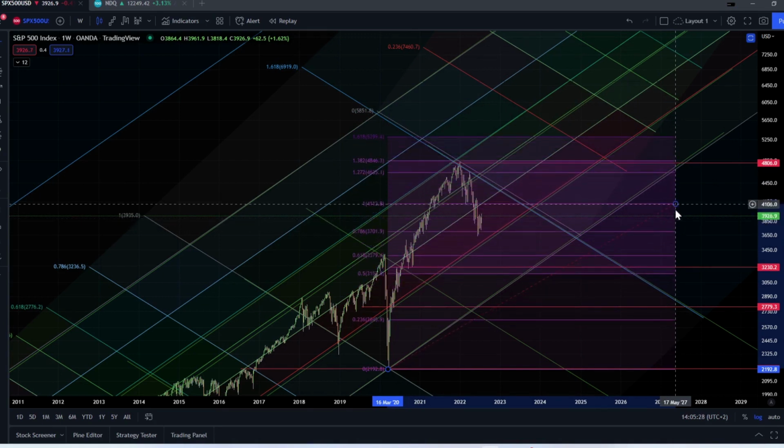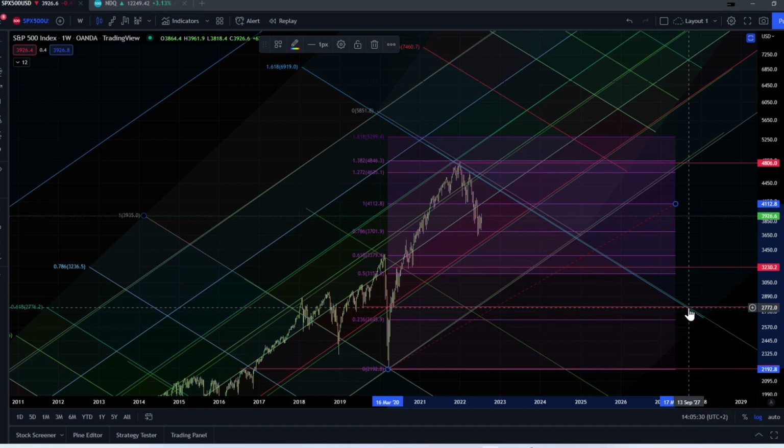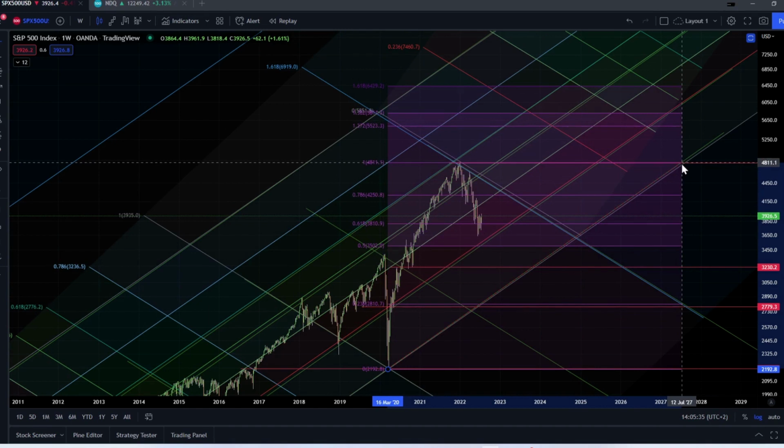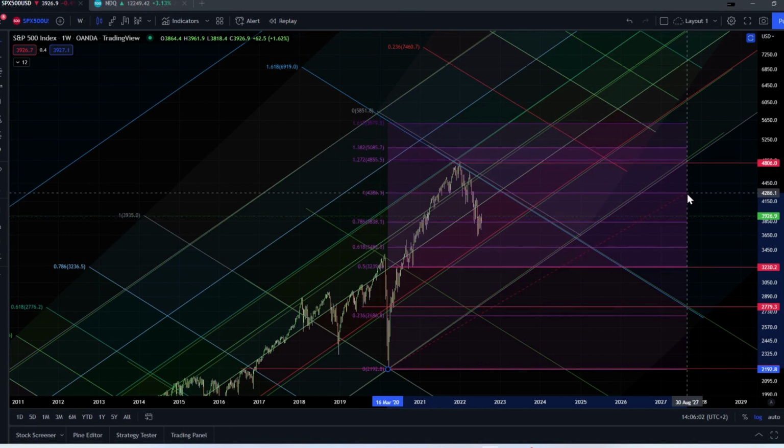We have some red lines, as you can see, one here, another here, 2700, then the bottom here, where we are anchoring the tool, the top here. If you anchor the tool at these extreme levels, okay, this low here in March 2020 and the high earlier this year, then we see that more or less the Fibonacci segments fit into the price structure, and also our support lines here along the way, more or less they also fit within this structure.